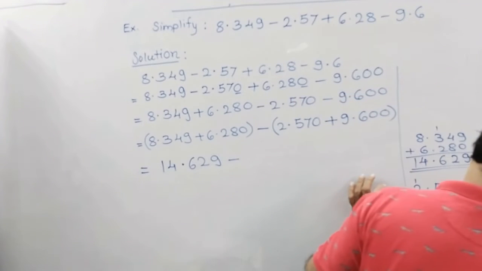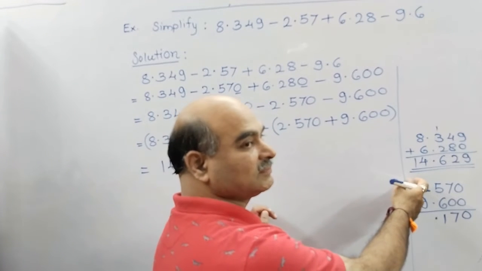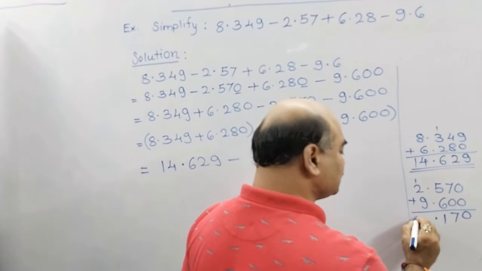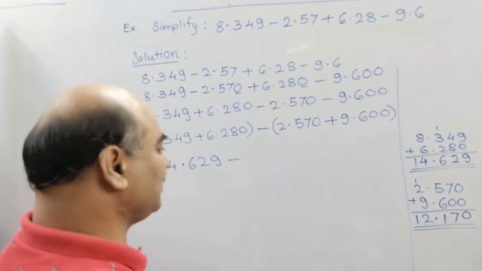The decimal point should be given here. 9 plus 1 is 10, 10 plus 2 is 12.